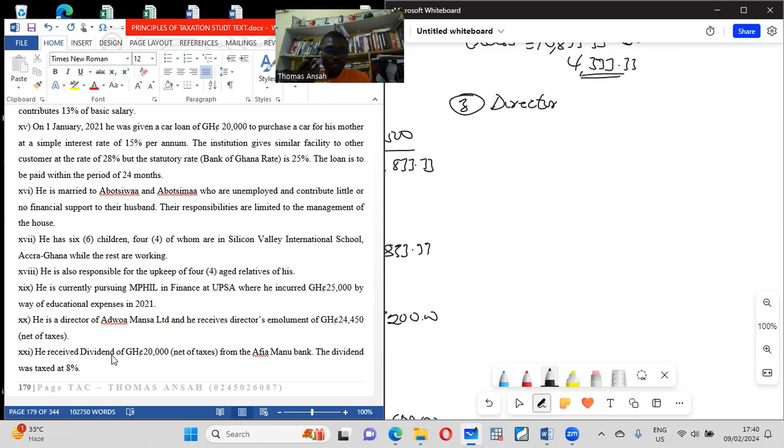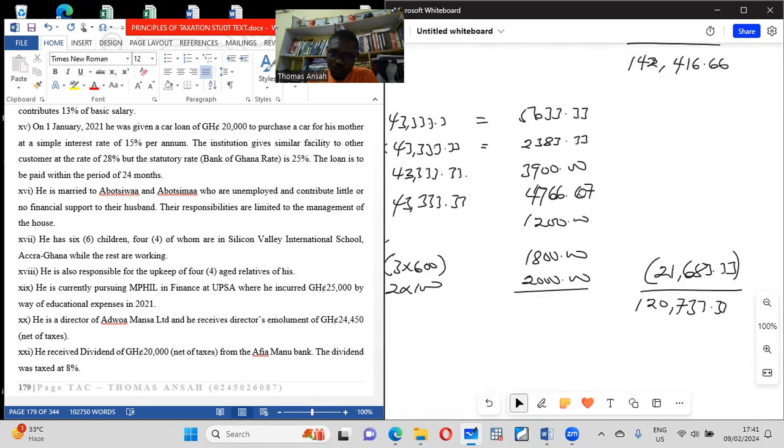That is that 20% withholding tax. So as a director of Adjoa Mansa, he received an emolument. If it is a director's fee, what do we do? A director's fee and emolument is the same. So 20%, and this is net. So it means he has already received it, and the 20% has been taken out. So it means that we need the gross.